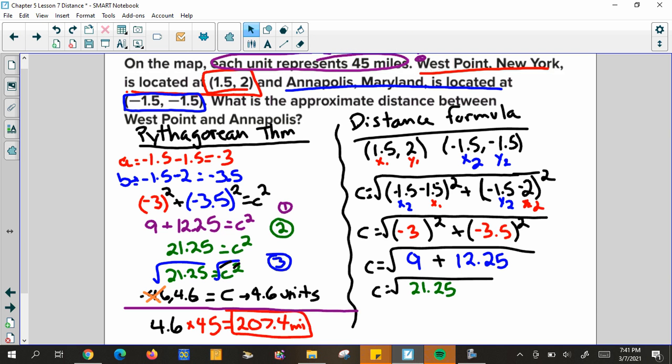And this last part here should seem familiar, because to end this, I'm going to take the square root.